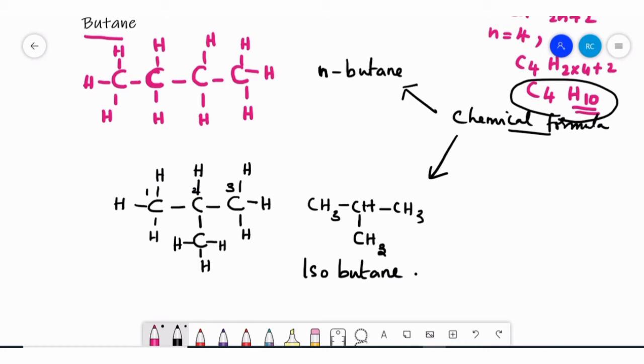In the first isomer we have written all four carbon atoms in a straight chain, and in the second isomer we reduce the length of the carbon chain. Here the straight chain has only 3 carbons, but in the first structure we have 4 carbons, which means we have reduced the straight chain. We have reduced the length of the chain in the molecule. This type of isomerism we call chain isomerism.